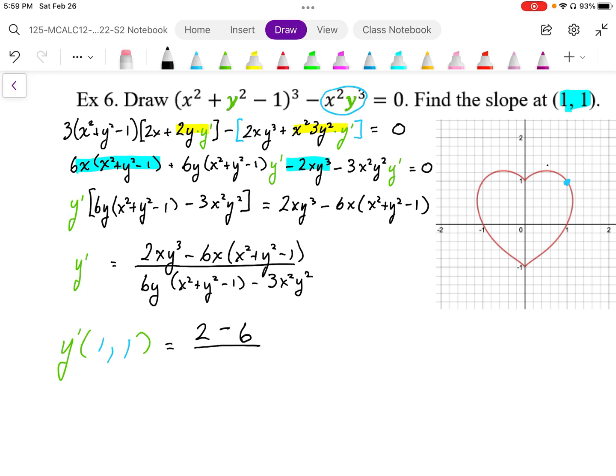In the bottom, I'm going to get 6 times 1 times (1 squared plus 1 squared minus 1), which is just 6, minus 3 times 1 times 1, so minus 3. Simplifying that, I end up with negative 4 over 3 as the slope through that point. So the tangent line slope through that point is negative 4 over 3.